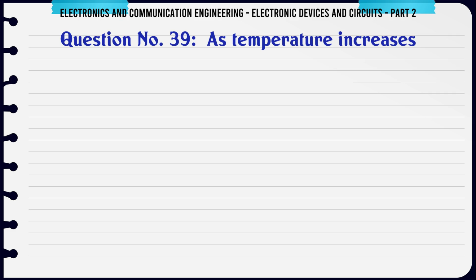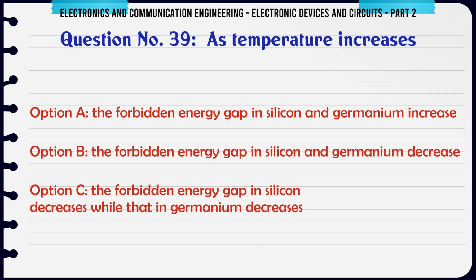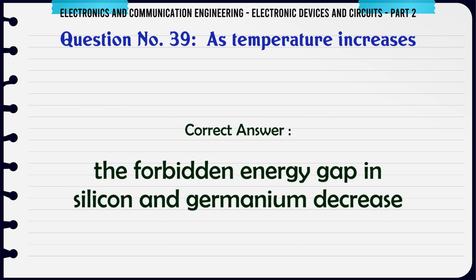As temperature increases: A, the forbidden energy gap in silicon and germanium increases; B, the forbidden energy gap in silicon and germanium decreases; C, the forbidden energy gap in silicon increases while that in germanium decreases; D, the forbidden energy gap in silicon decreases while that in germanium increases. The correct answer is the forbidden energy gap in silicon and germanium decreases.